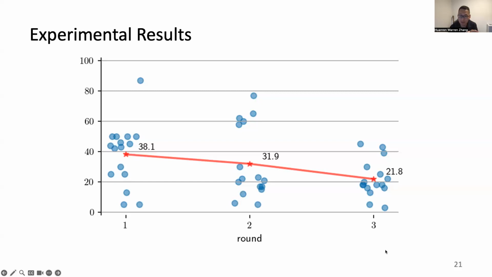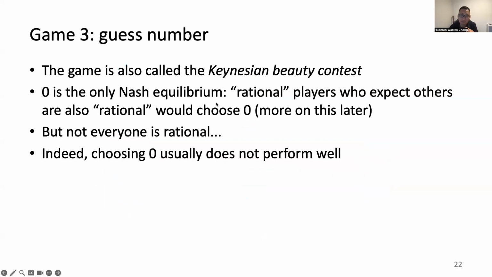Now, let's have some game theoretical analysis of this game. This game is actually called a Keynesian beauty contest. You can read the history of why it is called that. It is related to game one that we talked about, which we called the beauty contest, because here the common expectation is quite important for determining the successful winning target, right?